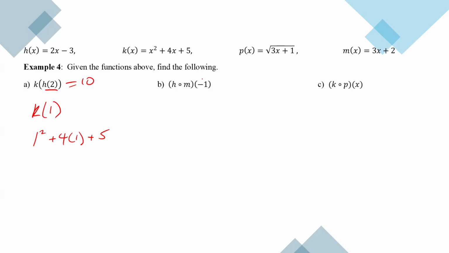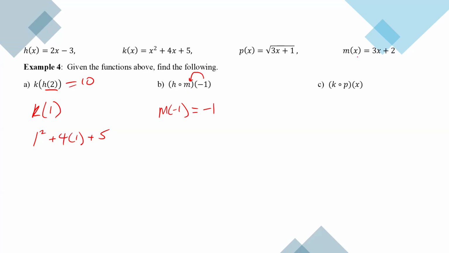All right. Let's speed it up again. This time we're in composition form instead of function notation. This means I am starting from the right. So I'm going to take -1 and plug it into m. What is m of -1?